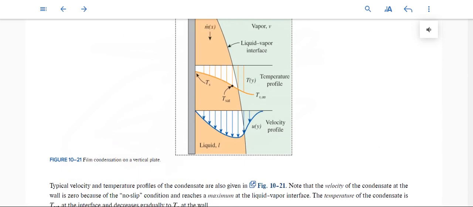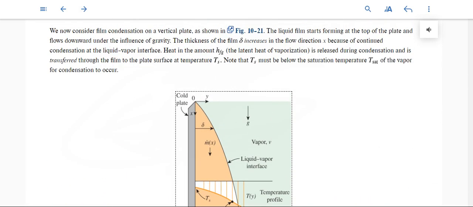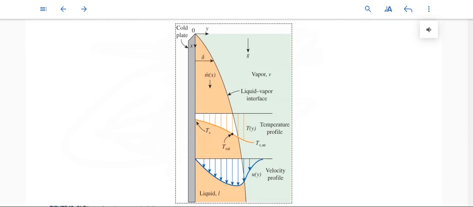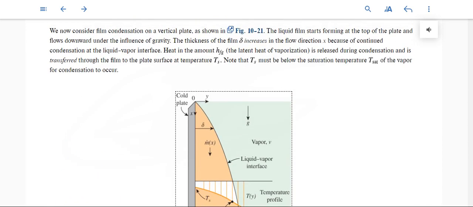In this diagram, we consider film condensation on a vertical plate. This is the vertical cold plate. The liquid film starts forming at the top of the plate.